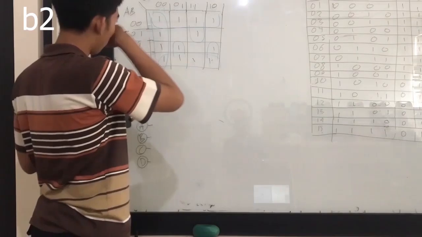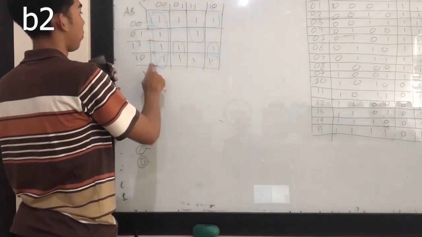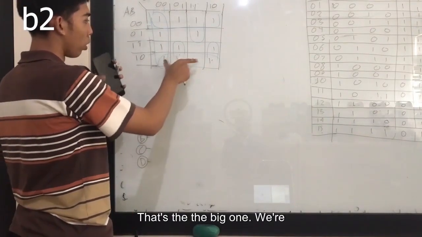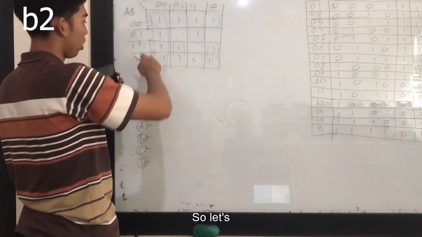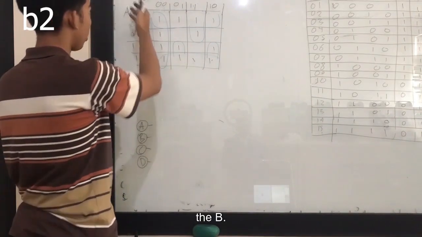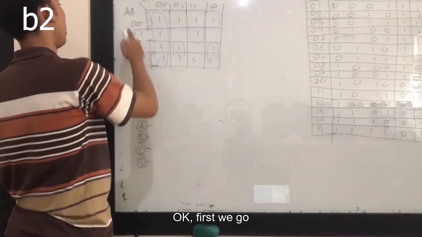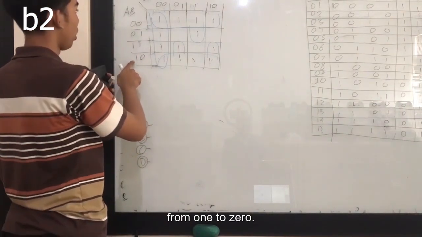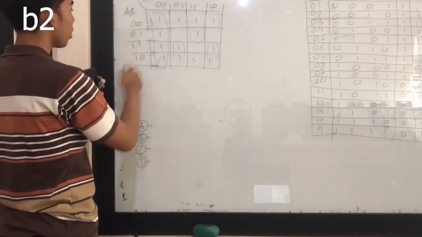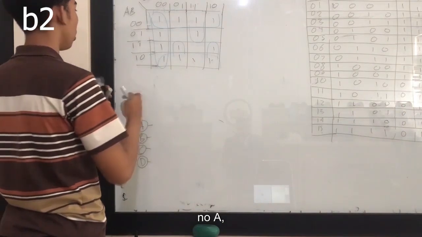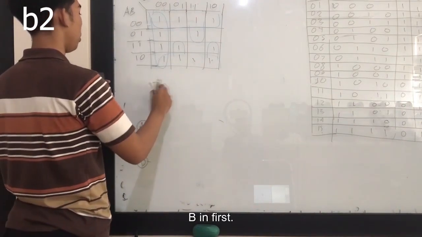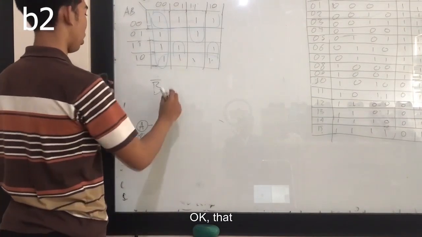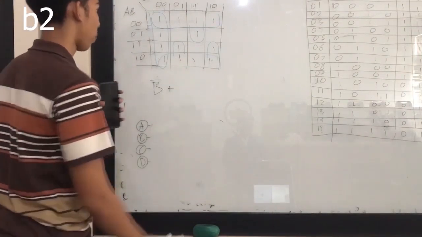So let's start with this one. That's the big one that goes down and up like this. So let's see the B. Okay, the A. First we go A from 1 to 0. That means there is no A. The B 0 to 0, B inverse. Okay, that concludes our first.